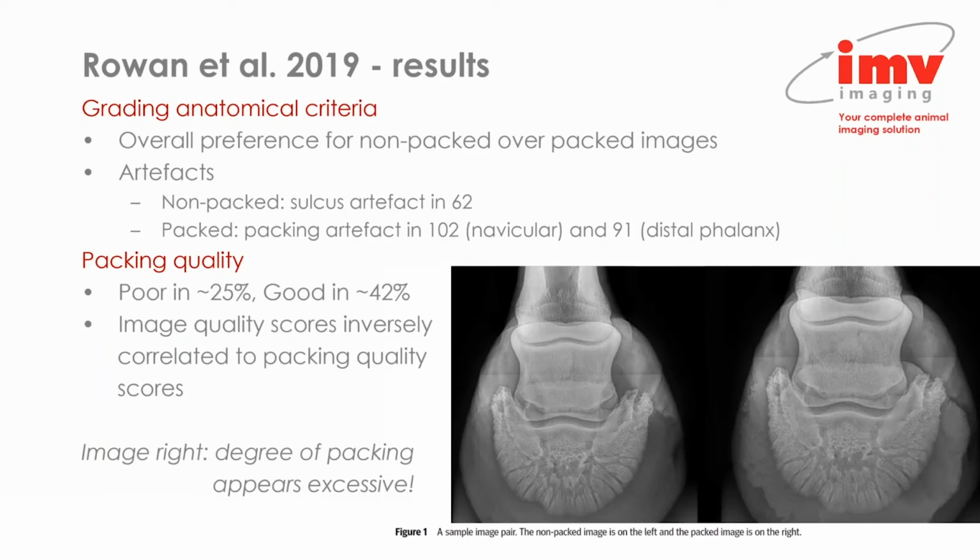Overall, the observers had a preference for the non-packed images over the packed images. Artifacts in relation to the sulcus were reported in 62 radiographs of non-packed limbs, and in the packed limbs, artifacts were present, obscuring the navicular bone in 102 and obscuring the distal phalanx or involving the distal phalanx in 91.